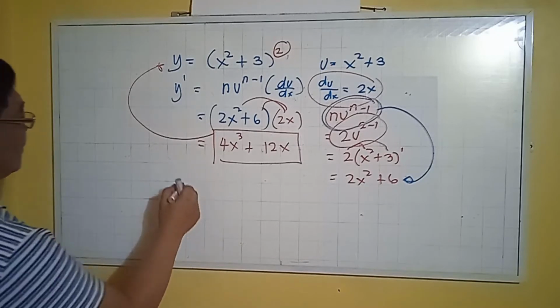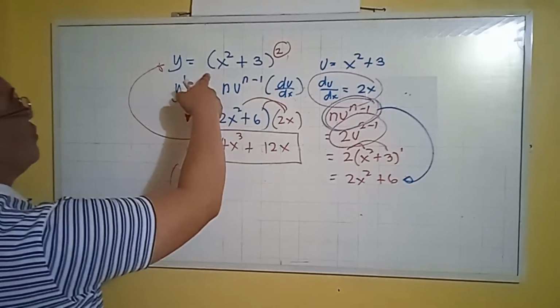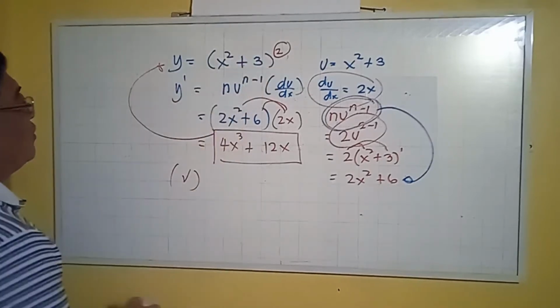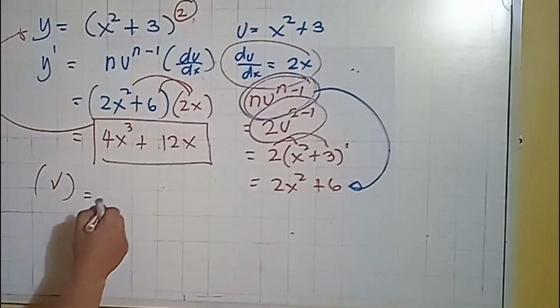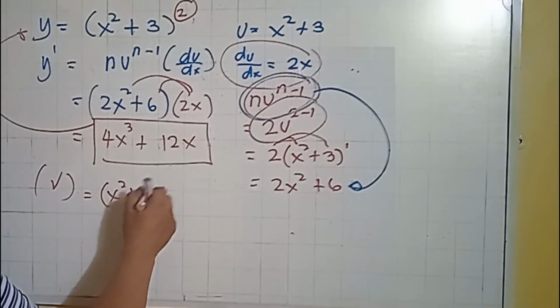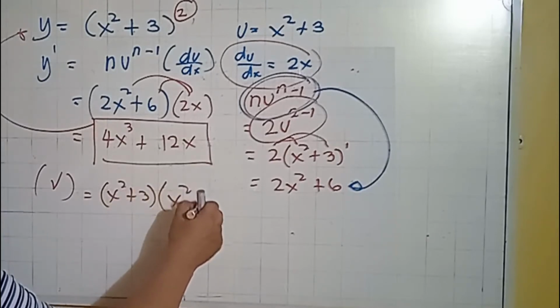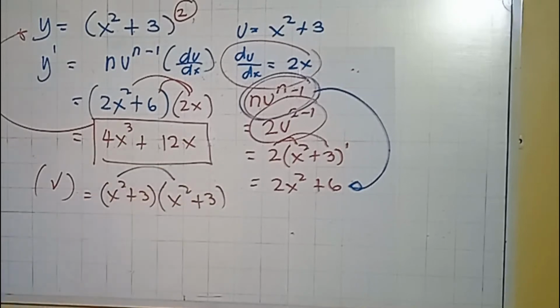Okay, let's check. If I'm going to distribute this using the long method, so it would be x squared plus 3 multiplied by x squared plus 3. So let's distribute.